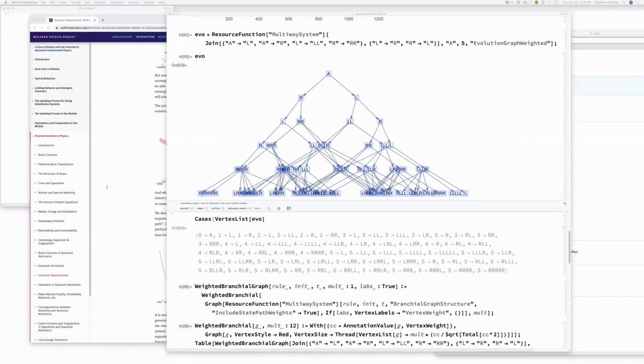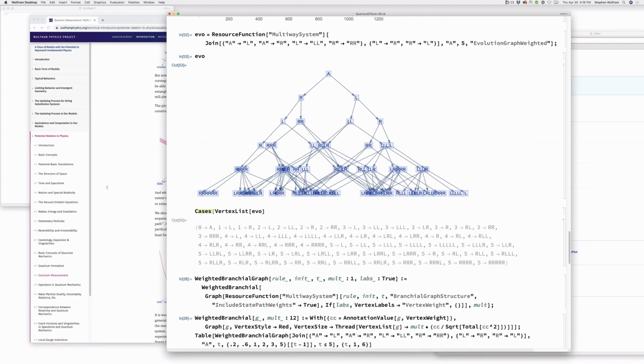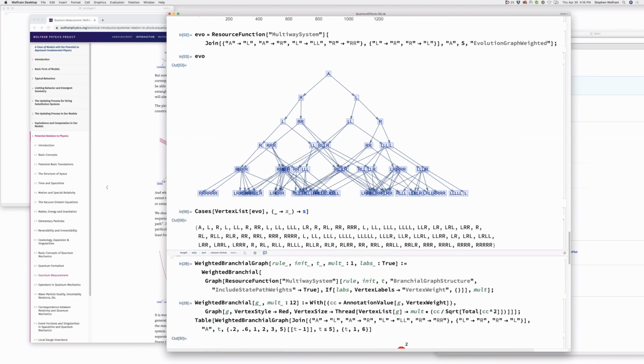I somehow just told it to, let's see, we want to say blank arrow S blank arrow S. Okay, so those are the level 5 objects.